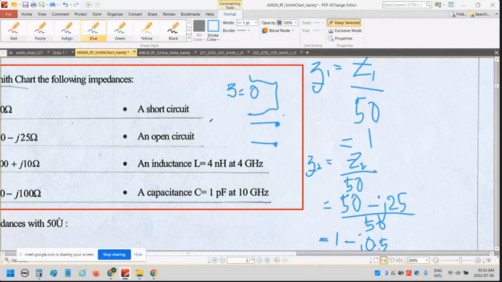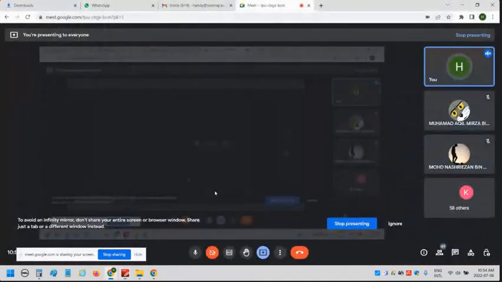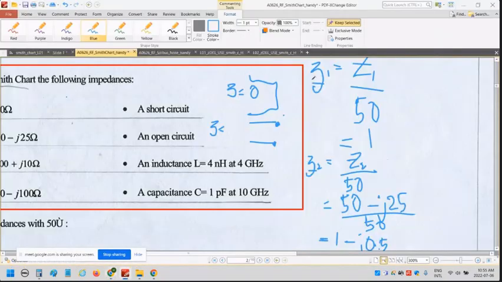For the open circuit, what is the value for the impedance? This Z, what is the value? Anyone? I give you a reward. Or are you sleeping? For the Z here, the open circuit is infinity.